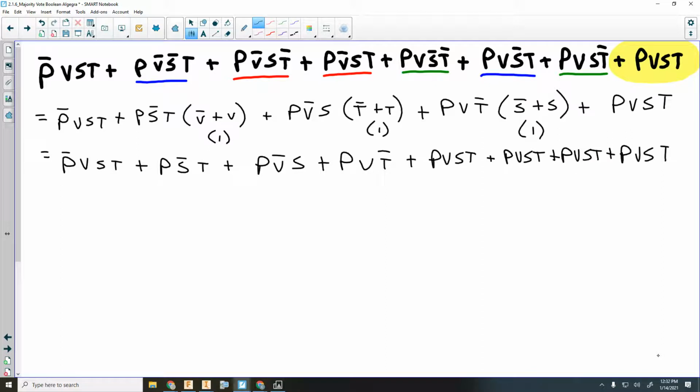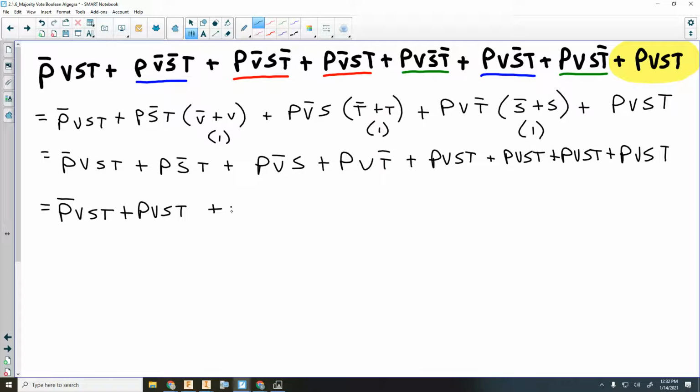So I made it a little more complicated. And then let's reorder some things. P naught VST, I'm going to OR with PVST, and I'm going to do that for every single term.